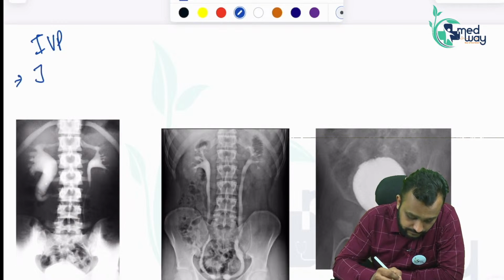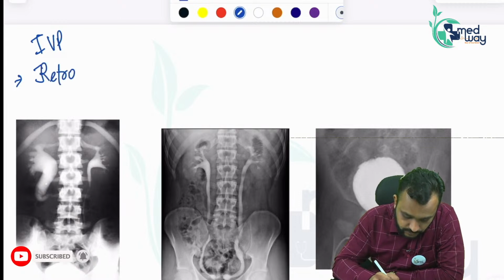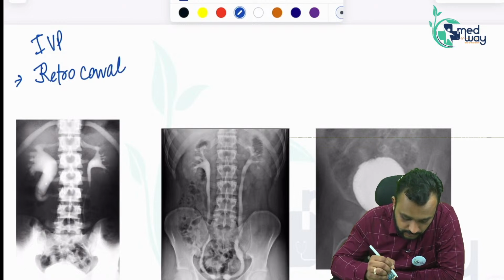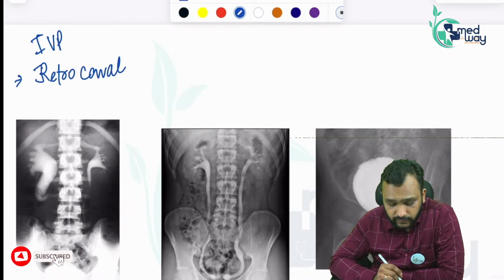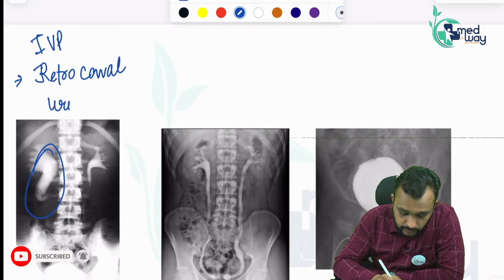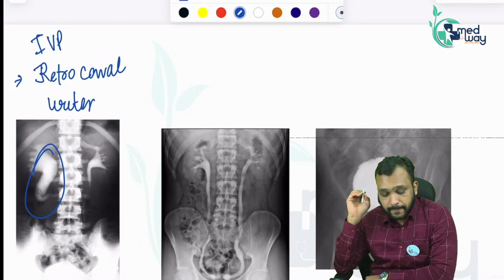So this is your J-shaped ureter seen in retrocaval ureter. Hook-shaped deformity of the ureter, this is in retrocaval ureter, right?